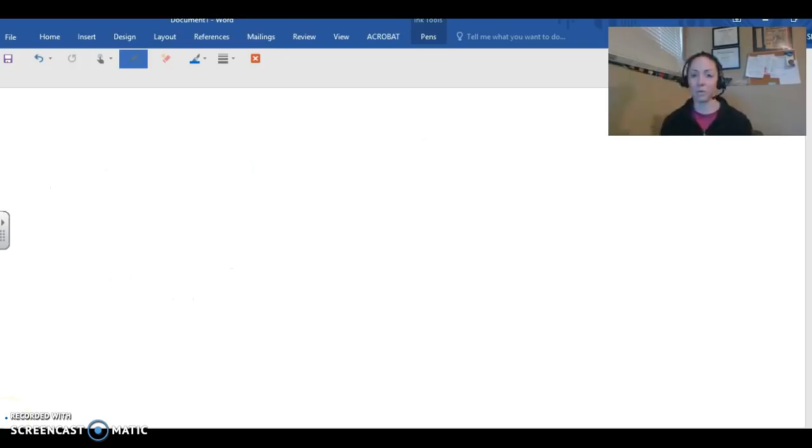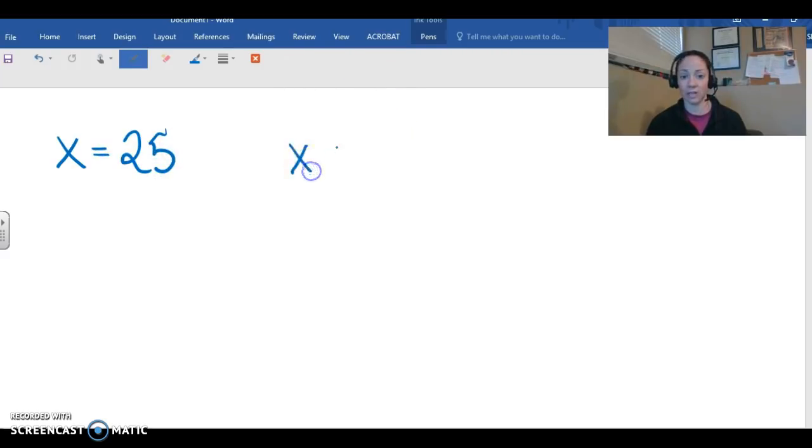This time, we're going to be given solutions, and we need to figure out if the answer is correct or if it's true. So what this means is, let's say we have x equals 25. Is that the correct solution to x plus 17 equals 8? Well, let's figure it out. We have to rewrite the equation with 25 in place of the x.